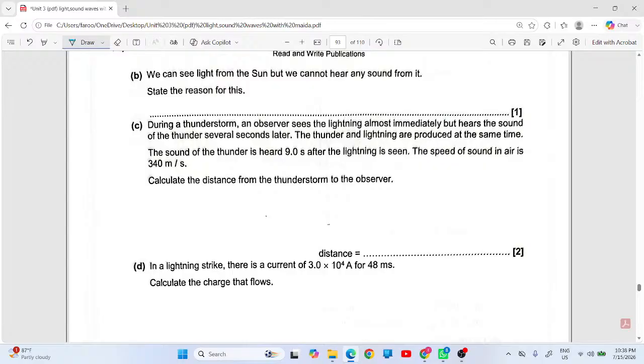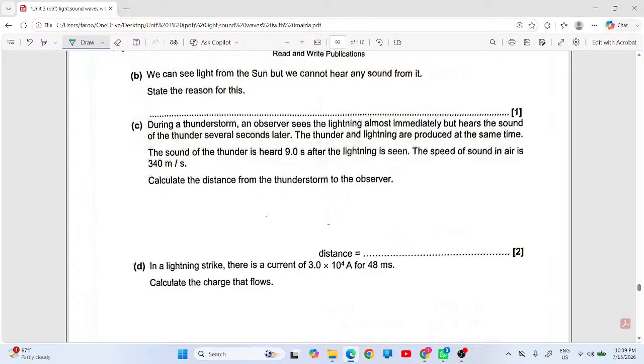Next: we can see light from the Sun, but we can't hear any sound from it. State the reason for this. Light comes from the Sun but sound does not.